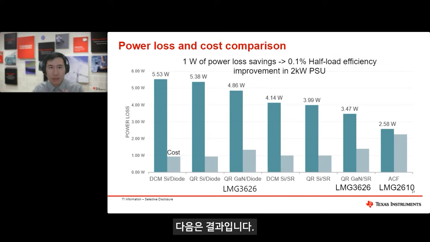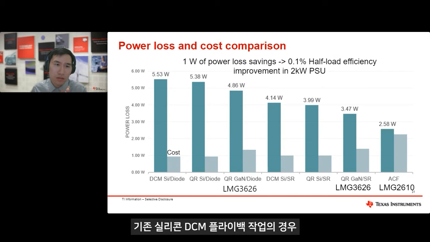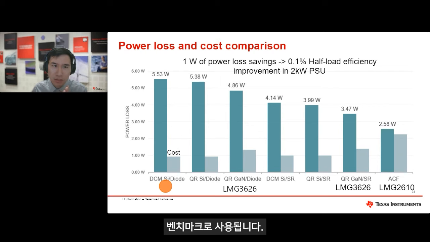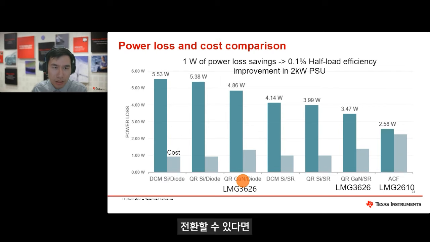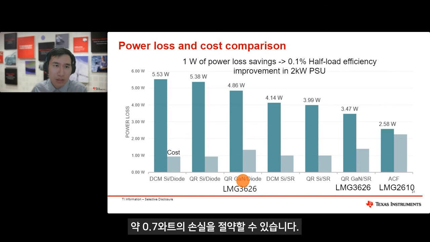Here is the result. The traditional silicon DCM flyback operation is used as the benchmark. The loss of it can be up to 5.5 watts. If you switch that to QR GaN with the diode on the other side, you can save around 0.7 watts of loss there.